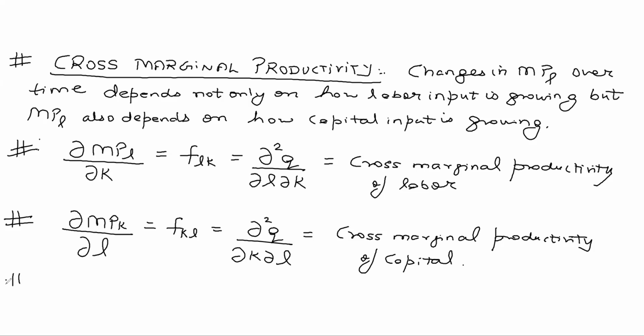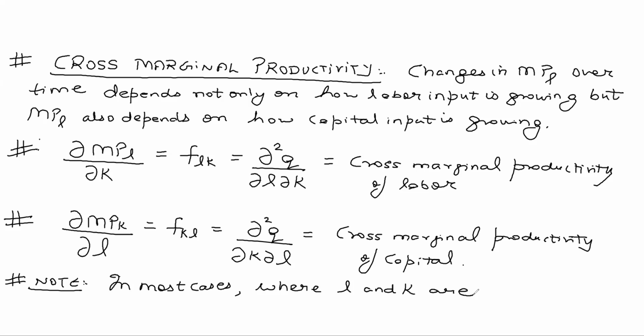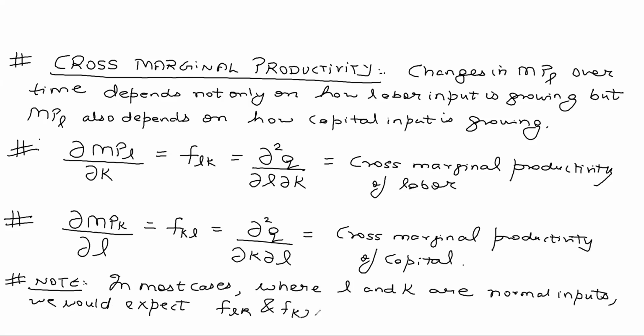So if we write a note, in most cases where labor and capital are normal inputs, we would expect FLK and FKL to be positive. We will expect the cross marginal productivities to be positive.